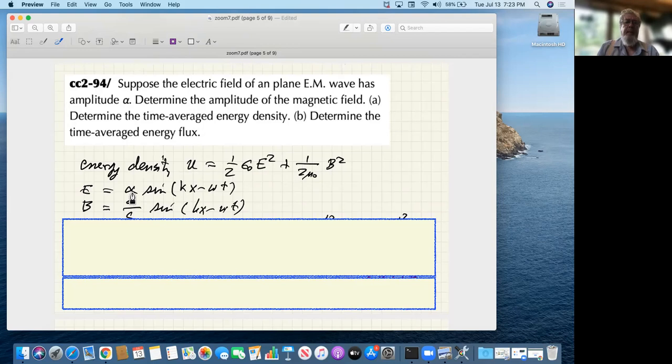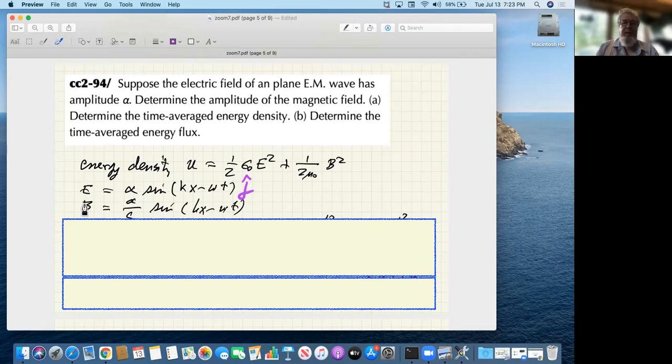E has the form alpha sine(kx minus omega t) times the direction of oscillation of the electric field, if you want to make it a vector. It's traveling in the x direction, so it has to be oscillating in a direction perpendicular to x. Let's say it's oscillating in the y direction.